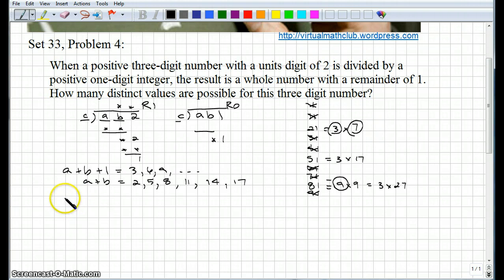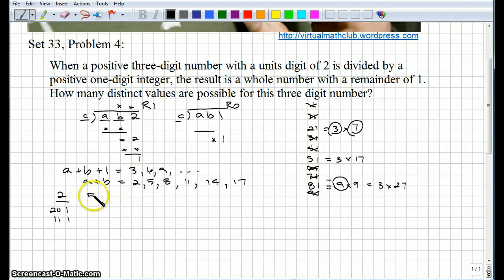Okay, so if we have the first two digits add up to 2, what could the numbers be? Well, we could have 201, right? Or we could have 111, okay? And those should all be divisible by 3. Alright, so let's look at 5.